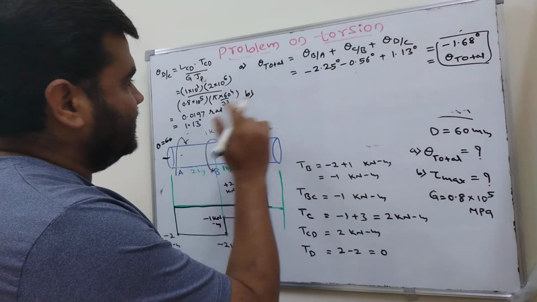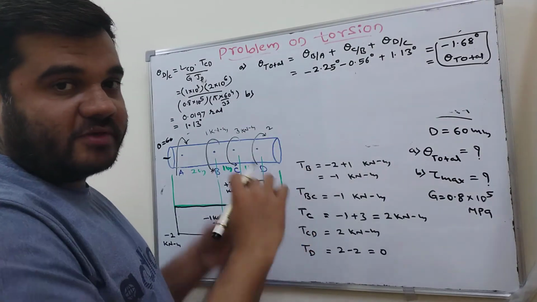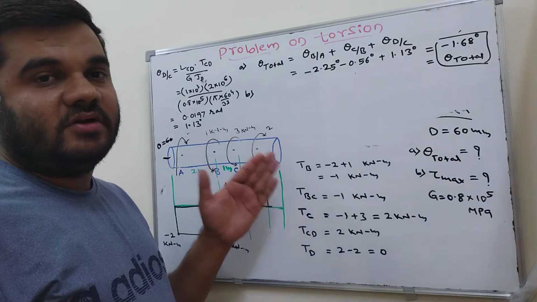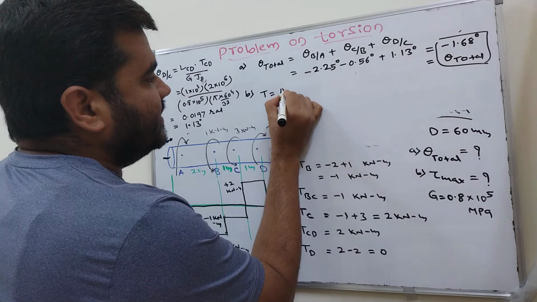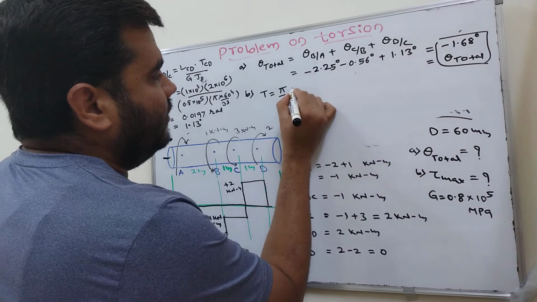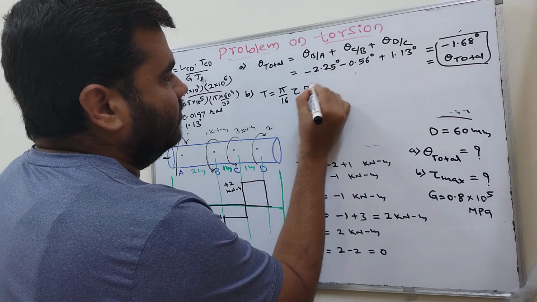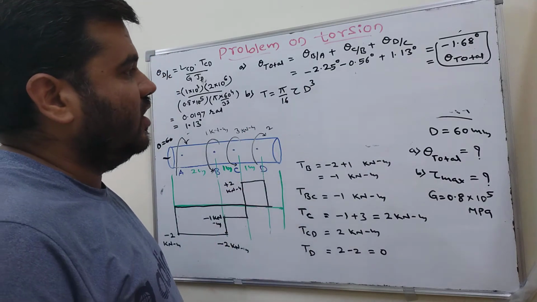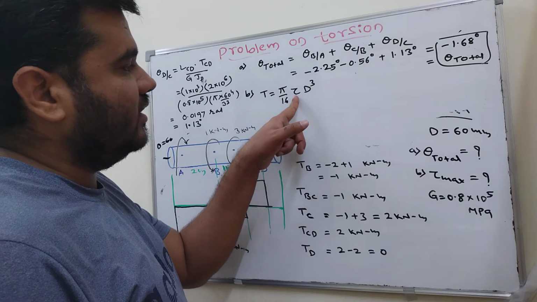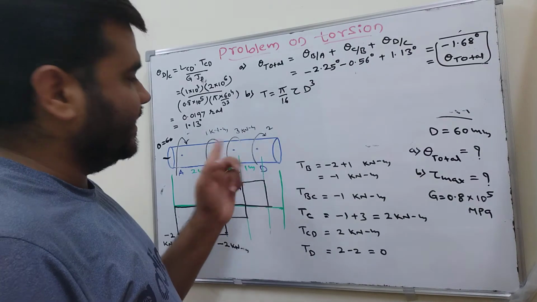We can use the general formula for a solid shaft, the torque equation: torque equal to pi by 16 into tau into d cube. This is the general formula we are frequently using. From this, we can calculate the shear stress in each section.